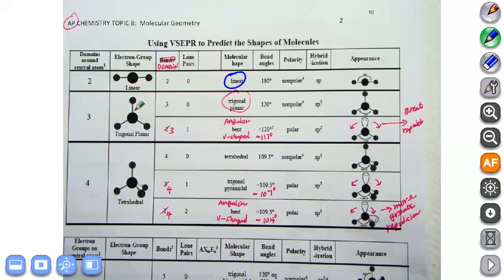Looking at 3, 1, it's got bent, angular, or V-shaped. So what is so interesting about this particular molecular geometry is that one of the 3 domains would be a lone pair.